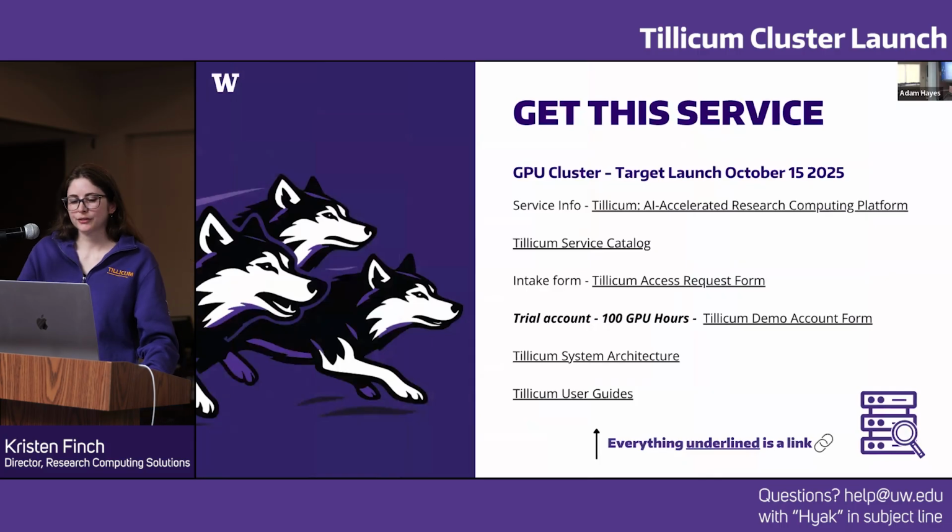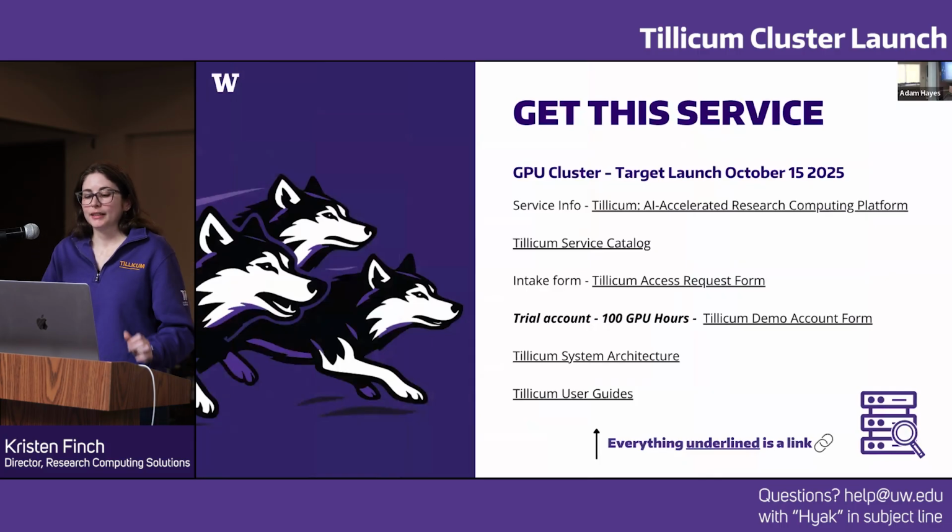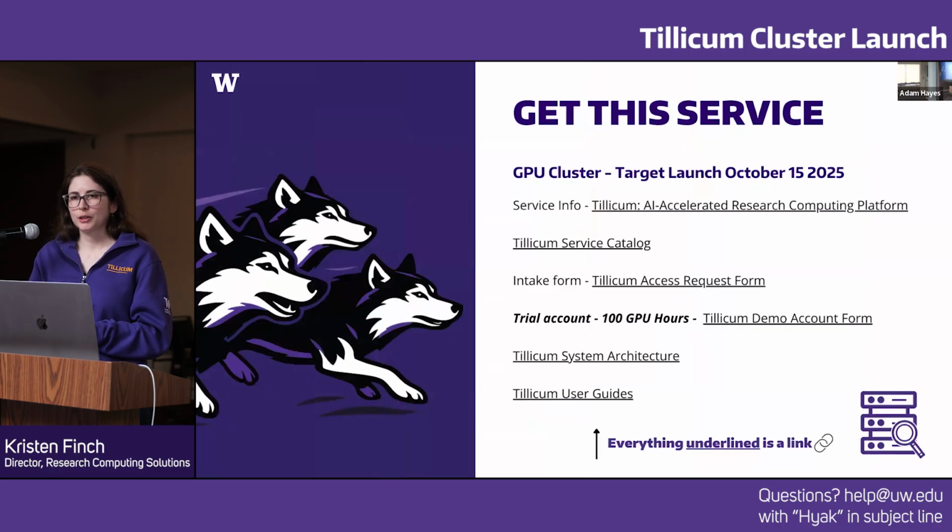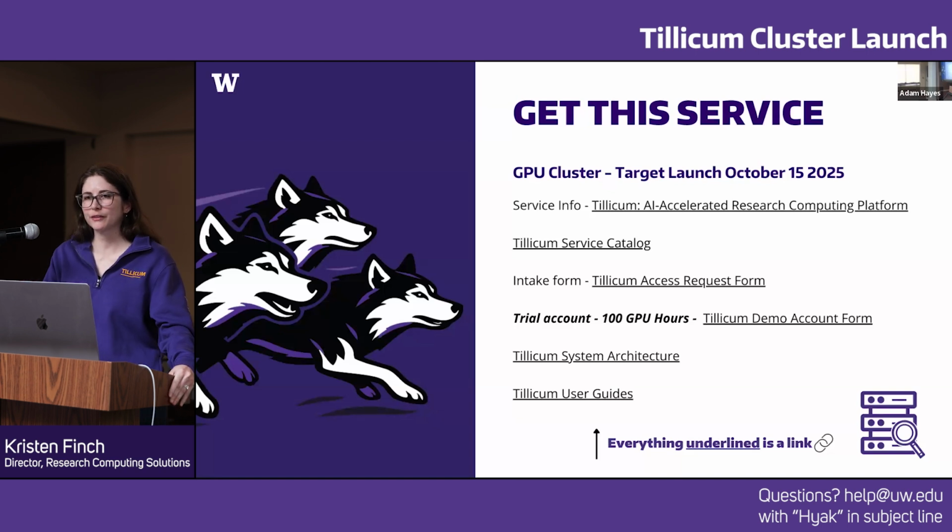Finally, how do you get this service? The service info is published in a knowledge base article on the UWIT website, it.uw.edu. If you use the search bar to search for Tillicum, you will find this. We also have a service catalog, which says a lot of the same information, an intake form, and a demonstration account form.